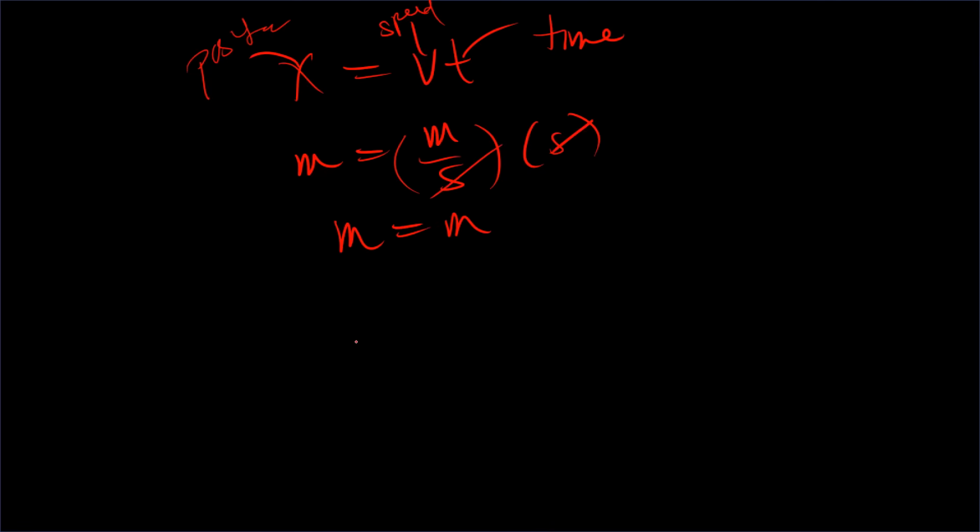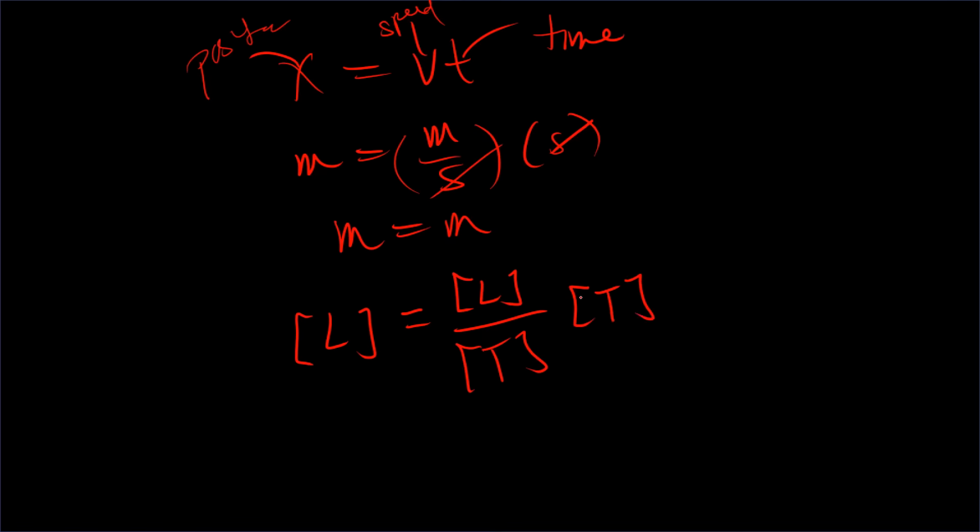So kung gagamitin naman natin yung dimension, meter describes the dimension of length. So dito, meron tayong another meter. Second describes the dimension of time. And we also have here another dimension of time. So if we perform the operation algebraically, this will cancel out. So the dimension left is length in both sides.